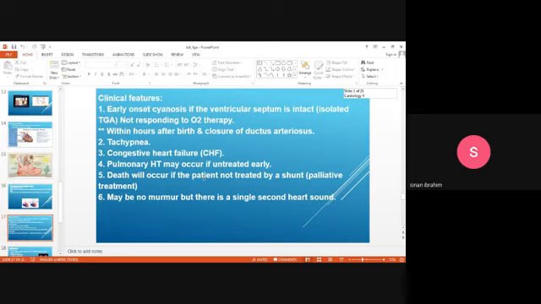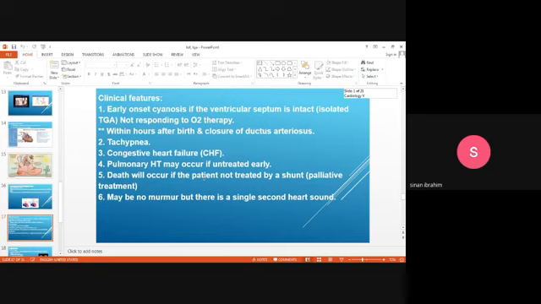They call us to do an echo study for the patient, and with the echo we reach the final diagnosis. We see the pulmonary artery arising from the left ventricle and the aorta arising from the right ventricle.